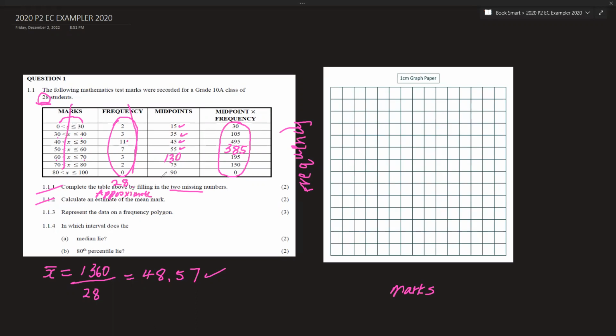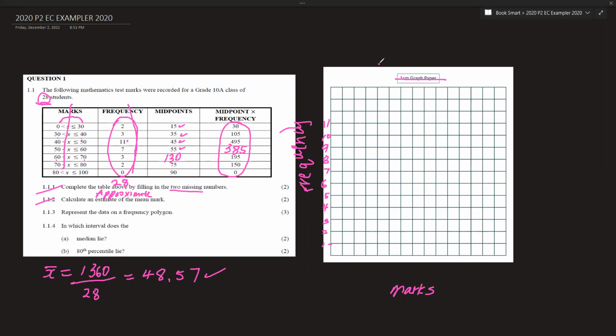So this is what I'm going to do now. I'm going to choose a scale. 11, I can easily go up in ones, right? So my 1 will be there. 1, 2, 3, 4, 5, 6, 7, 8, 9, 10, 11. Okay. Then the other thing that I advise, always have a title.